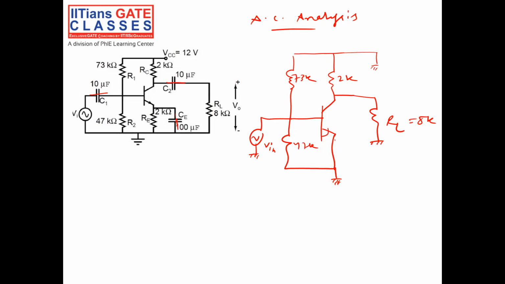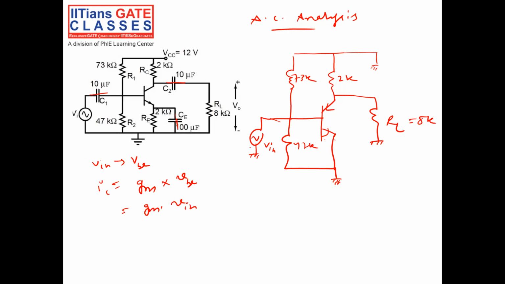From your experience, you know when there is a change in base emitter voltage, Vin will change my VBE. In correspondence to my change in VBE, there will be a change in collector current. The AC current will be equal to gm, the transconductance, into VBE. In this case, VBE is nothing but Vin, so equal to gm into Vin.